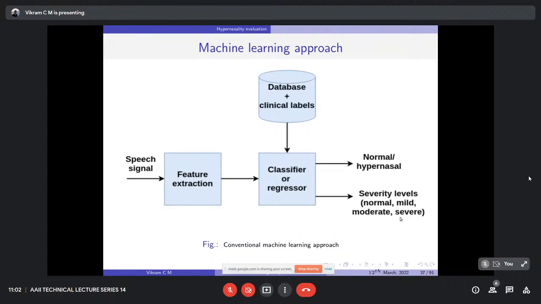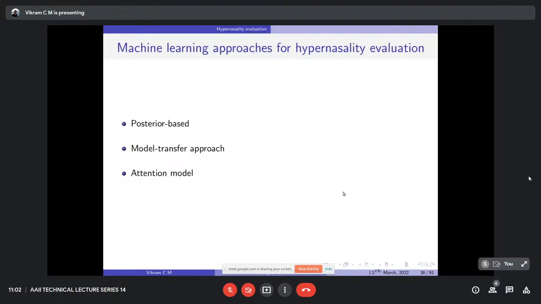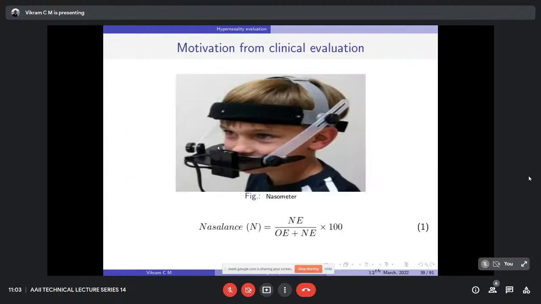That is a very practical problem in developing clinical speech systems. So as an alternative, as a case study, we developed 3 different systems where the first system uses some clinical data to develop the machine learning model, but the other 2 won't require that much labeled data. First I will explain the posterior based system.